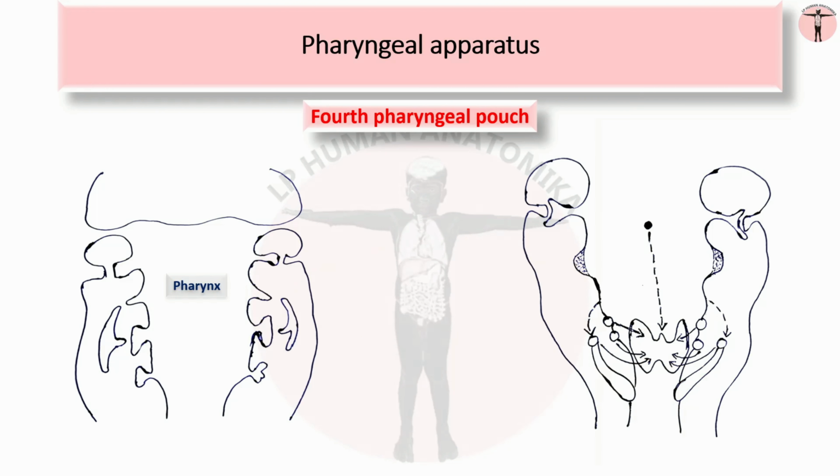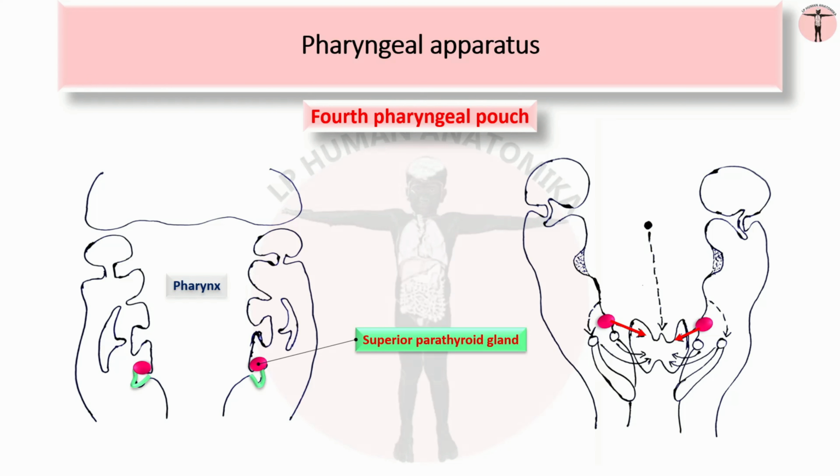Coming to the 4th pharyngeal pouch, the epithelium of the dorsal region of the 4th pharyngeal pouch develops into the superior parathyroid gland. The parathyroid gland loses contact with the ventral wall of the pharynx and attaches itself to the dorsal surface of the thyroid gland.